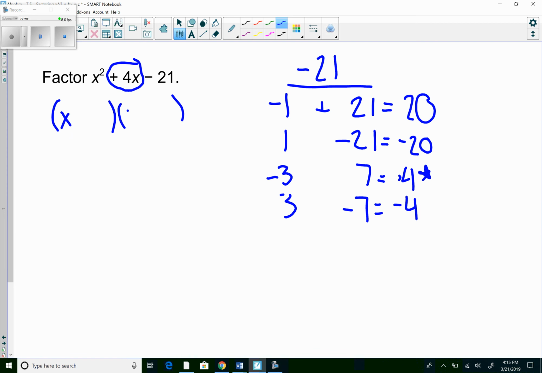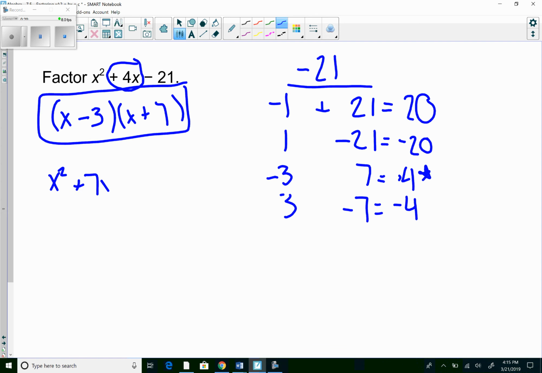Okay, so x and x, I'm going to have -3 and I'm going to have +7, which makes sense. If your middle term is positive, you want the bigger number to be positive. Again, if I just quickly FOIL this back together, this is my solution right here. That's my answer.